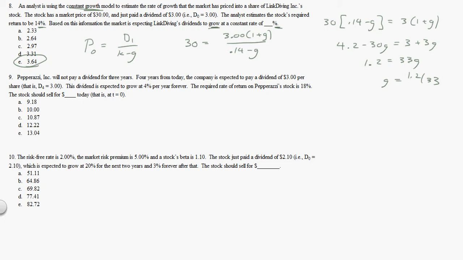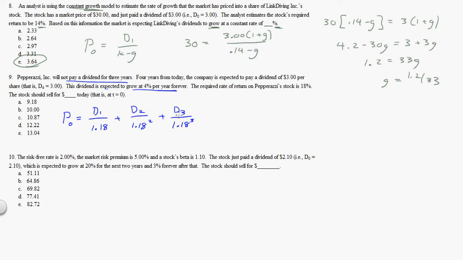Okay, so the pizza guys here, we're going to have non-constant growth for the first 3 years. It doesn't pay a dividend, and then it has constant growth after that because it's 4% forever. So P0, when you see 3 years of non-constant growth, regardless of what those numbers are, it's D1 over 1.18, or 1 plus K, D2 over 1 plus K squared, D3 over 1 plus K cubed.